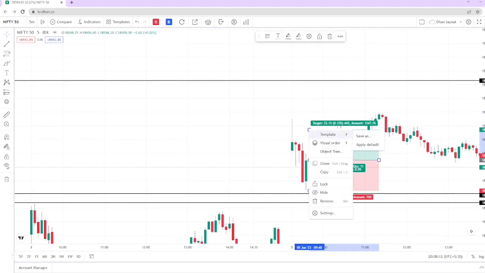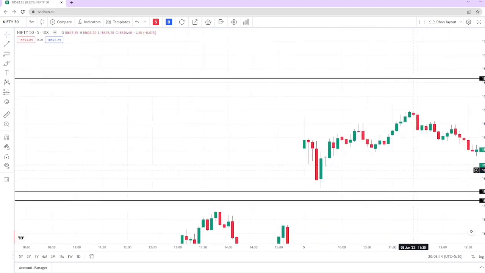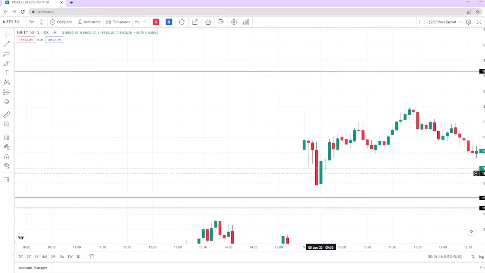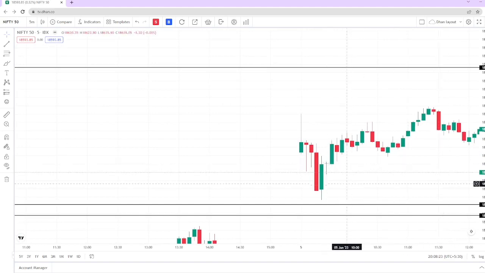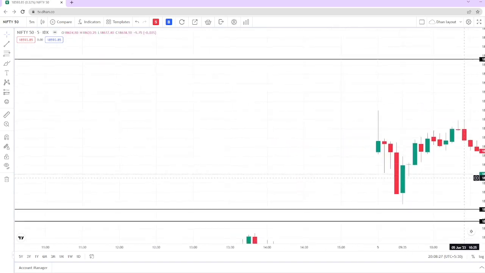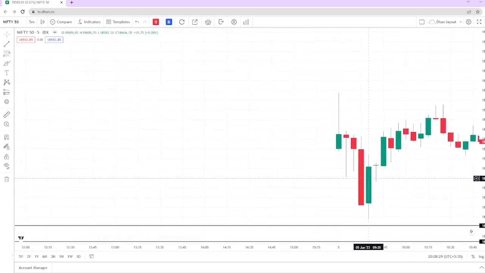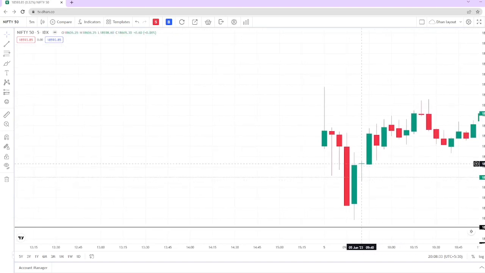Also, if somebody missed taking an entry here, look at this doji after this candle. Dojis mean two things: they either mean continuation or reversal, but look at where this doji is forming, after the green impulsive candle. You can see the wick from the downside, a big wick with a very small body, and it closes just at around its highs.